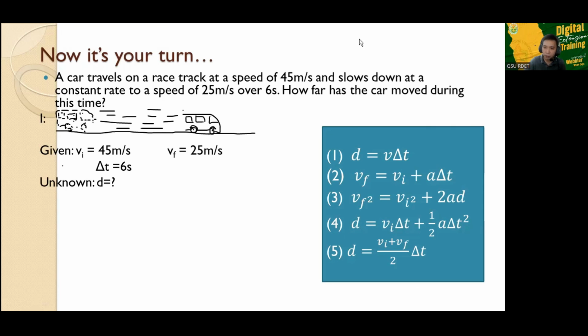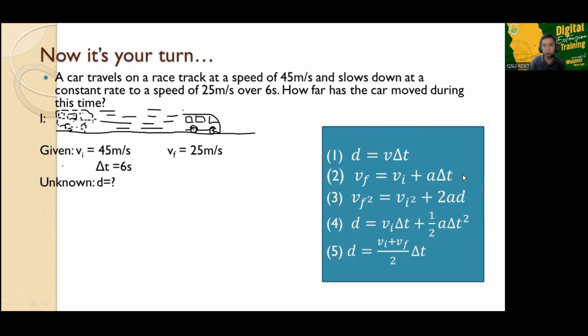Can we use equation number 2? You are correct. We cannot use equation 2 for the reason that we do not have acceleration in the problem.